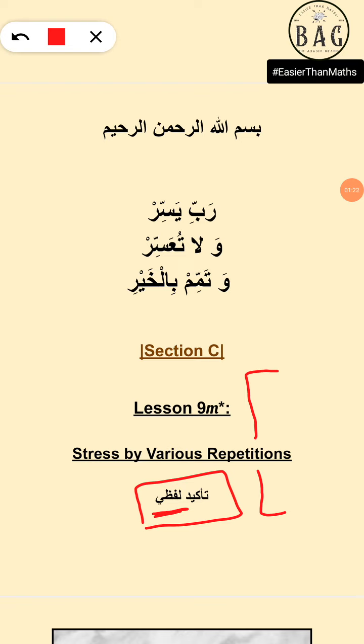Now another kind of repetition is the one where you don't exactly repeat the same word, but you use a similar word to that word. You use the repetition either in the figurative sense, or you use its synonym. That is something we are going to learn in the next lesson, inshallah. This figurative repetition is called takide manvi, from mani.